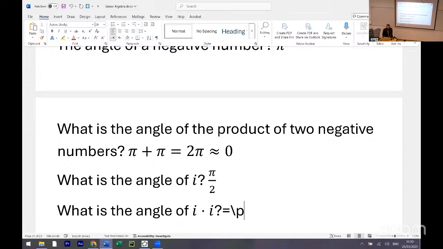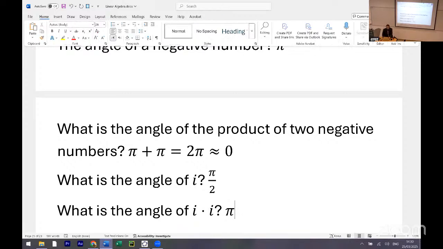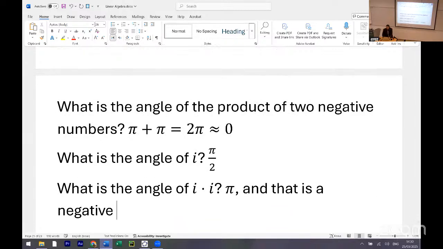Pi, because it's 2 times half a pi. So it's 90 degrees plus 90 degrees. That is 180, and that is a negative real number.